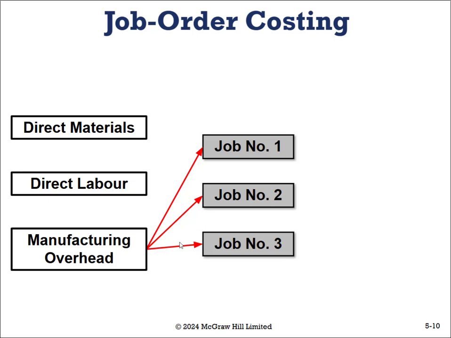An allocation base is used for a number of reasons. It's impossible or difficult to trace overhead costs to a specific job. Manufacturing overhead consists of many different items, ranging from the grease used in machines to production manager salaries, so there are a lot of things to keep track of. Many types of manufacturing overhead costs are fixed, and therefore the output fluctuates throughout the period.